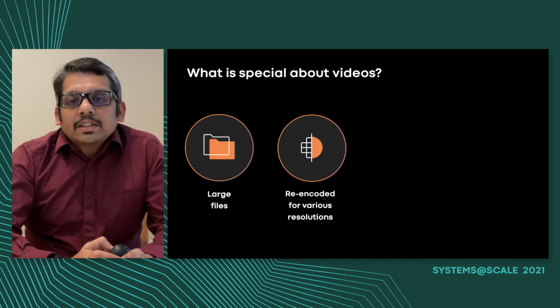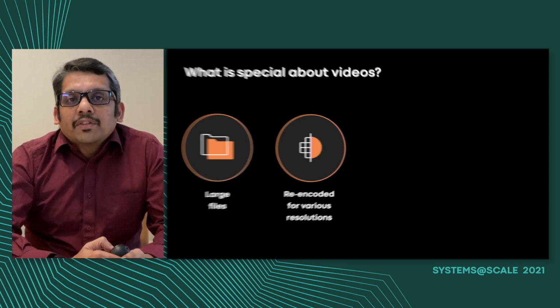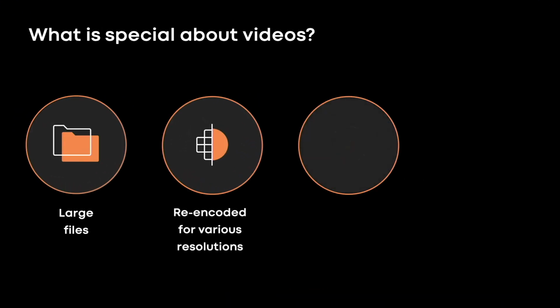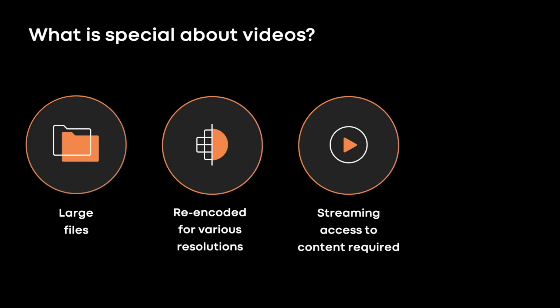To support this, videos are typically re-encoded to produce multiple resolutions, or encodings as we'll refer to them from here on. It is possible for videos to be watched as they are being uploaded. Live videos are a good example of this.